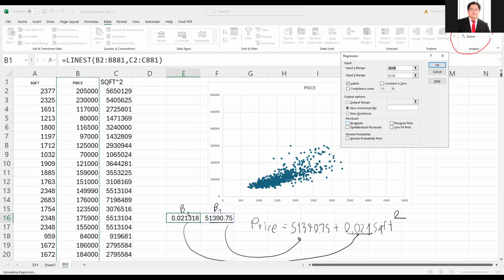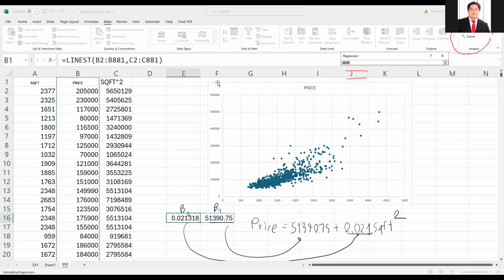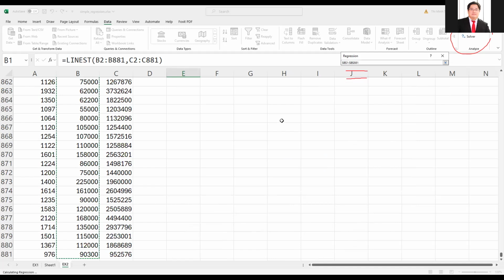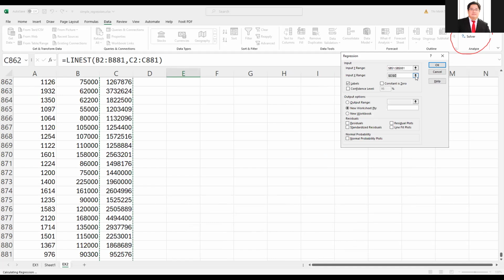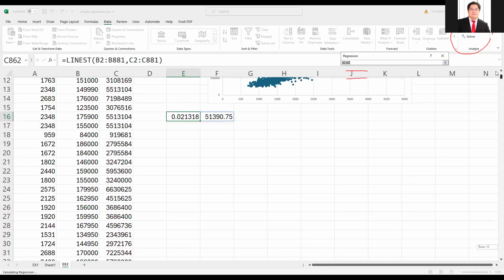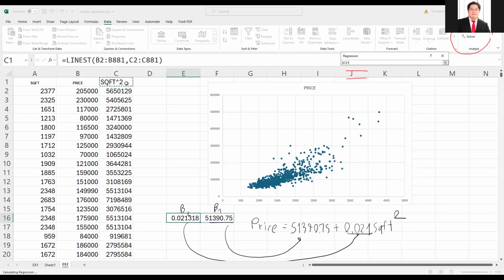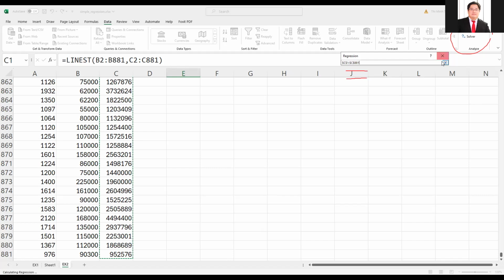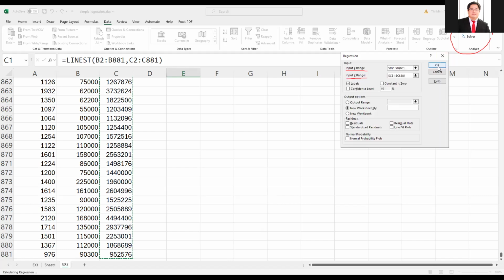To solve it, when you put the Y range, you have to use the previous technique: click on the price, Control Shift Down. So you cannot just select the C column. Okay, I will help you one by one. Oh, you got this one? Very good. I will explain.